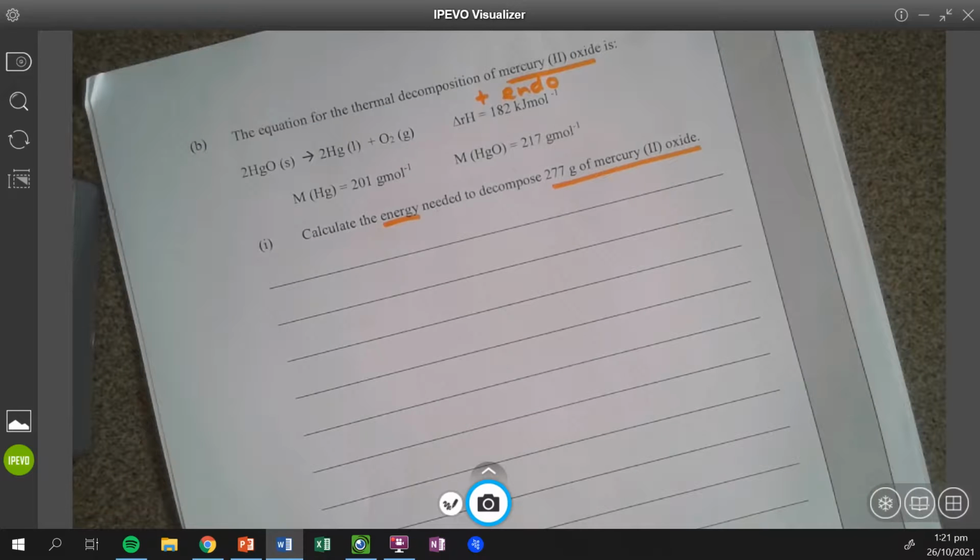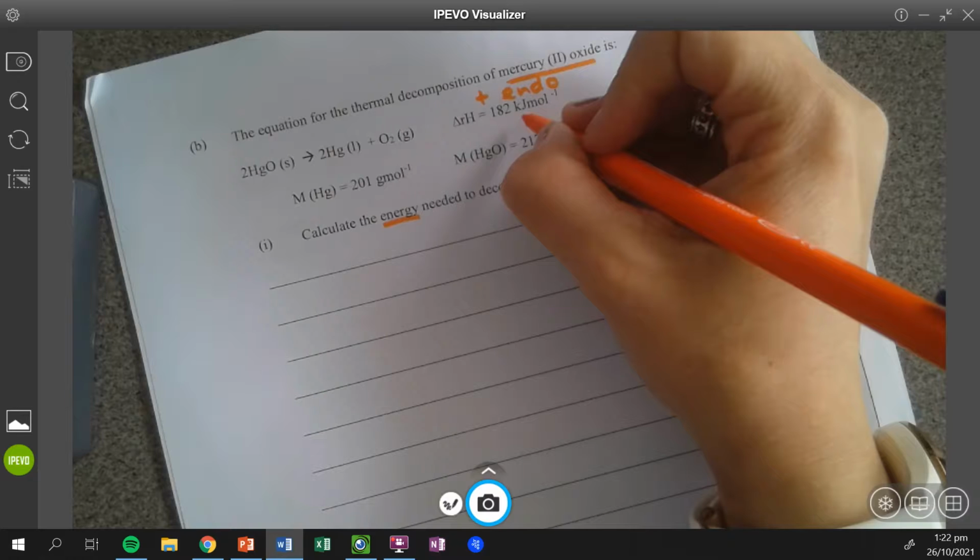Again, I'm underlining everything so that way it's easy for me to pull that information out. With this question here, there are 2 steps to that process. The first step is my conversion, and then my second step is using the energy to figure out, okay, how much is actually produced. So the second part would be using this bit here.